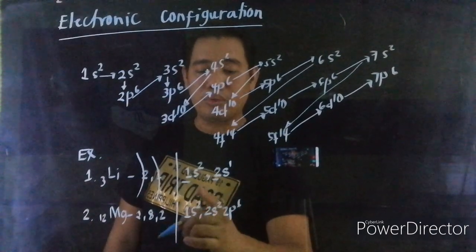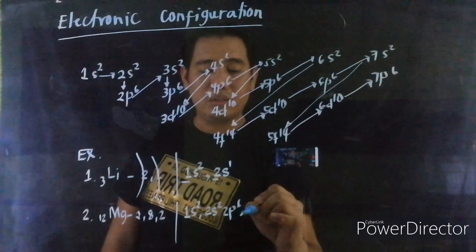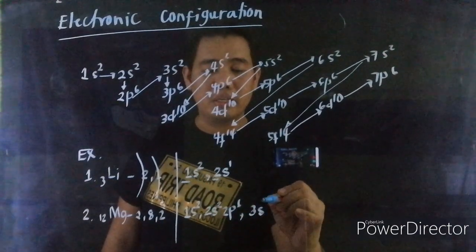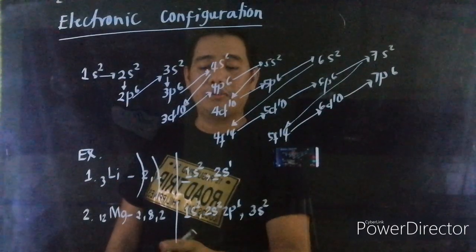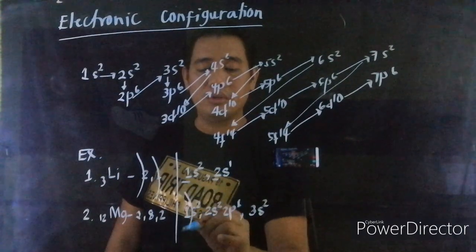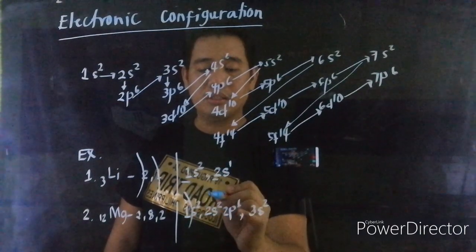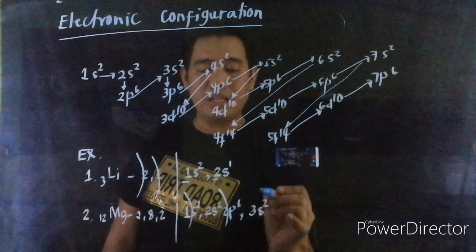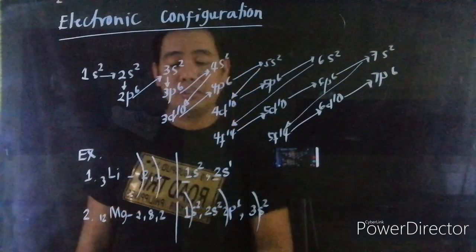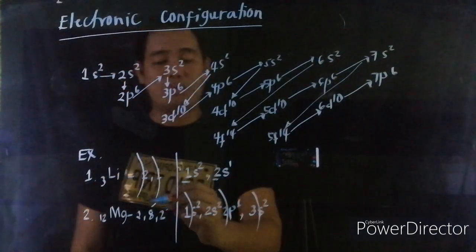So we have 2, we have 8. So next is 3s2. Okay? So the first shell is 2. The second shell is 2 plus 6, so that is 8. The third shell is 2. Okay? So that is correct.